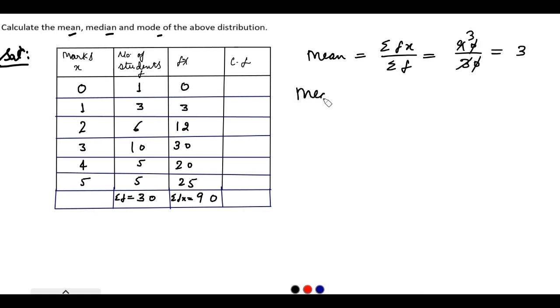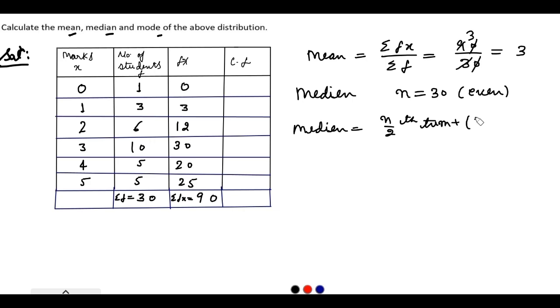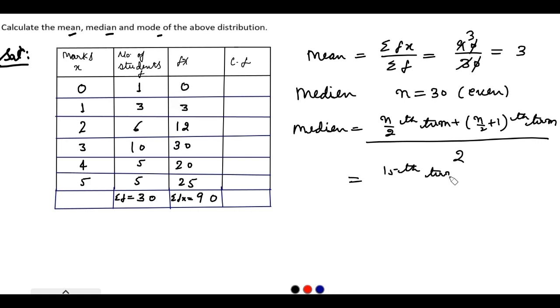Now for median, total number of terms is 30, it is even. It means median will be equal to n by 2 th term plus n by 2 plus 1 th term divided by 2, means 15th term plus 16th term divided by 2, and to find the 15th and 16th term, we have to calculate cumulative frequency.